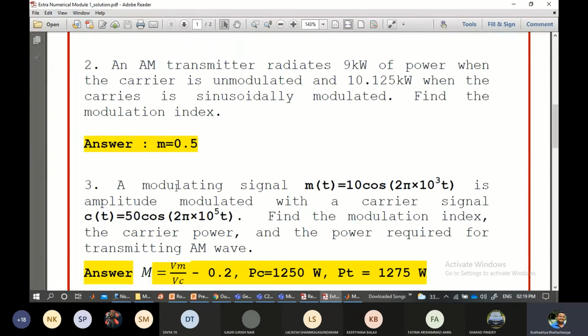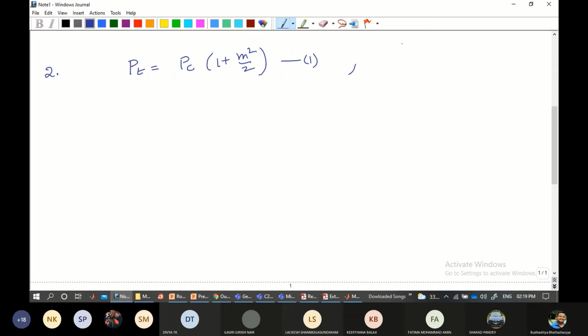Question once again: an AM transmitter radiates 9 kilowatt power when the carrier is unmodulated. So that means this 9 kilowatt is nothing but which one? PC. Yes.